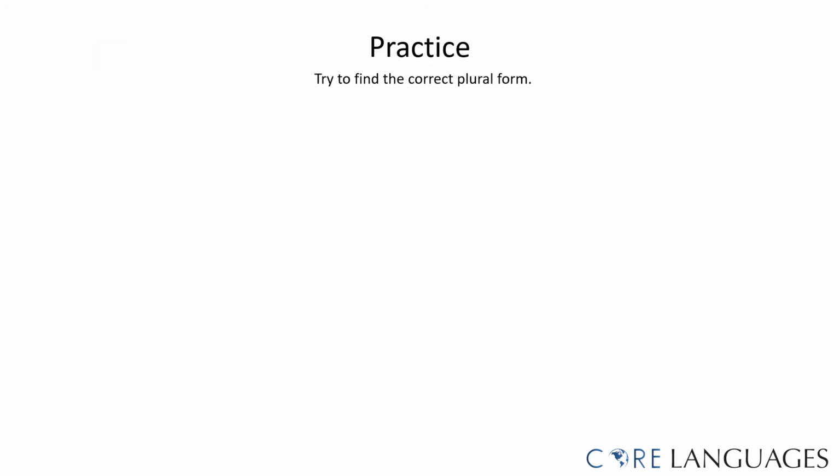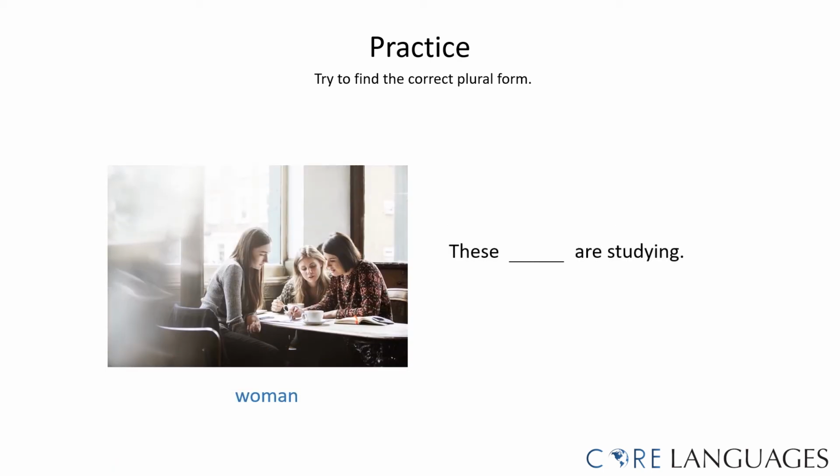Try to look at the following 2 pictures and sentences and find the correct plural form. These are studying. The singular noun is woman. Very good. These women are studying.